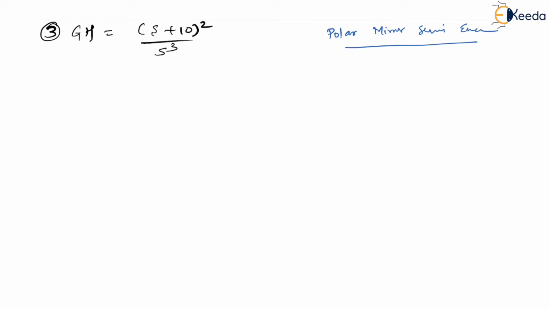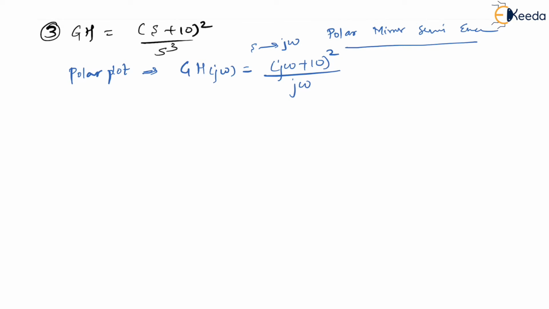So for starting with the polar plot, what do you need? Firstly, you have to write GH of j omega, right? Which means you have to replace s by j omega. So if you replace, you get (j omega plus 10) the whole squared upon (j omega) the whole cube. Let it be that way, no problem.